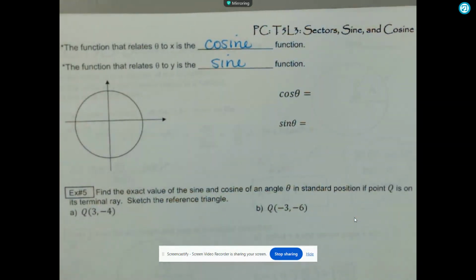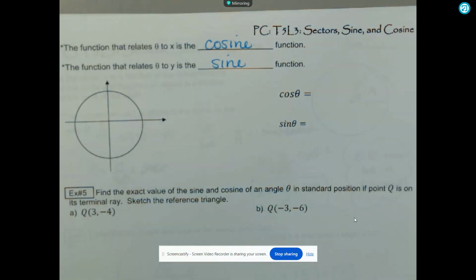Here's how I remember this, y'all. I think about the alphabet. Which comes first in the alphabet, x or y? X. And C comes first in the alphabet. So X is your cosine, Y is your sine. I know when you talk about sine, cosine, and tangent, you always say sine first because it flows better than saying cosine, sine, and tangent. But cosine is your X and sine is your Y.